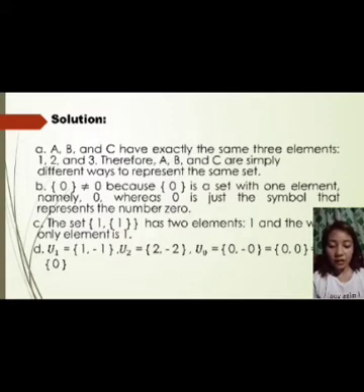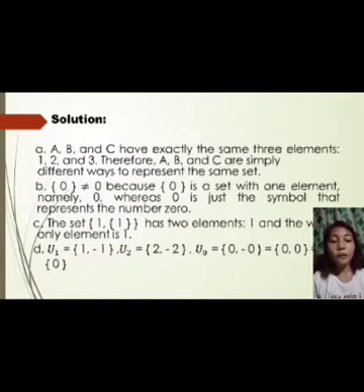C. The set containing 1 and the set containing 1 has two elements, 1 and the set containing 1, whereas the only element of the first set is 1. D. U sub 1 is the set containing 1 and negative 1. U sub 2 is the set containing 2 and negative 2. U sub 0 is the set containing 0 and negative 0, which equals the set containing 0.